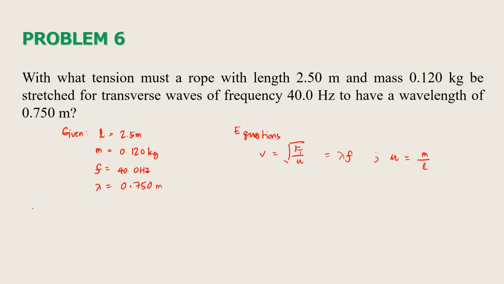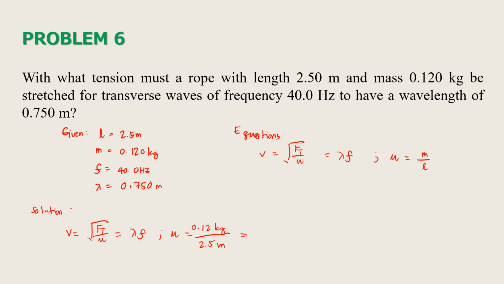Okay, so we are asked to find the tension. So we have v is equal to the square root of F sub t over mu equals lambda times f, where mu is equal to the mass, 0.12 kilogram divided by 2.5 meters.